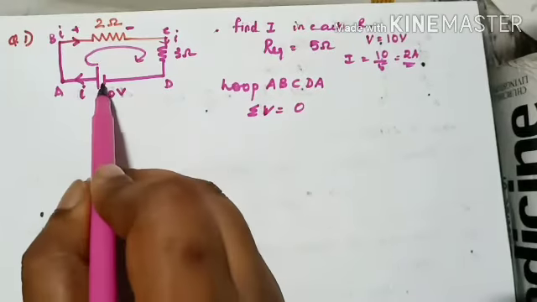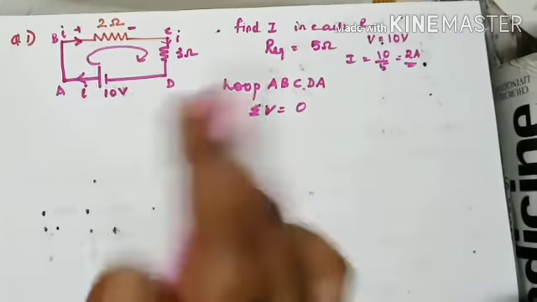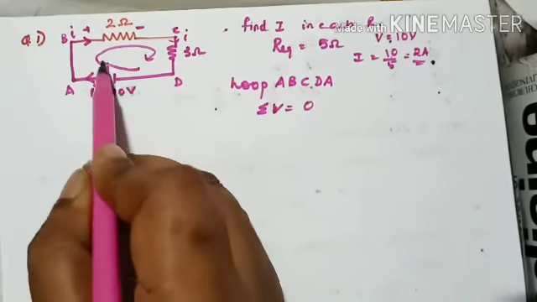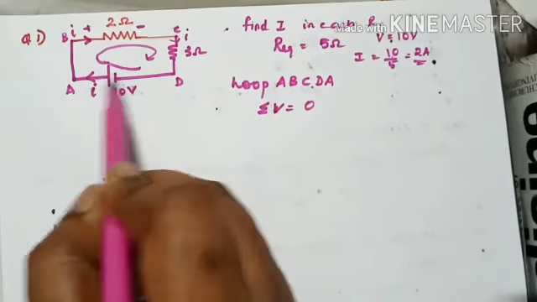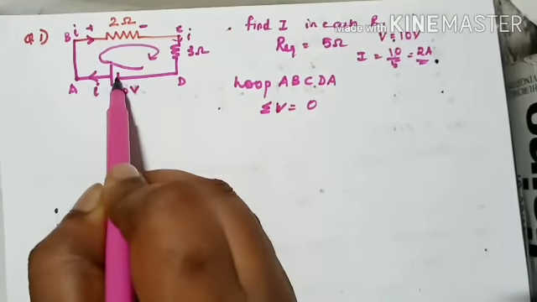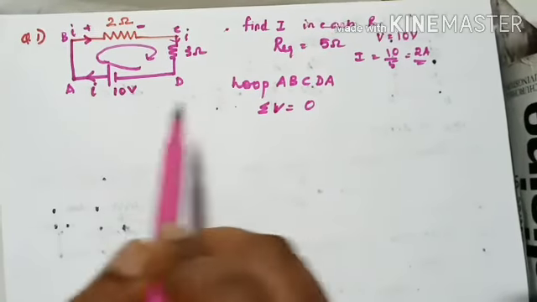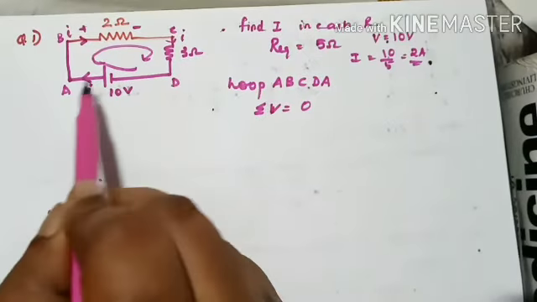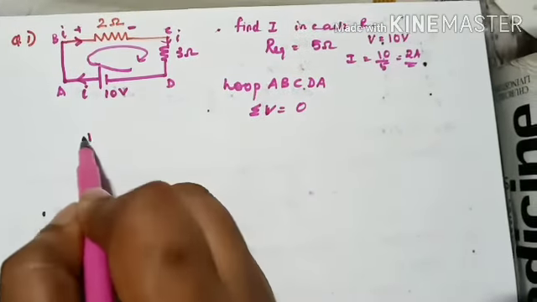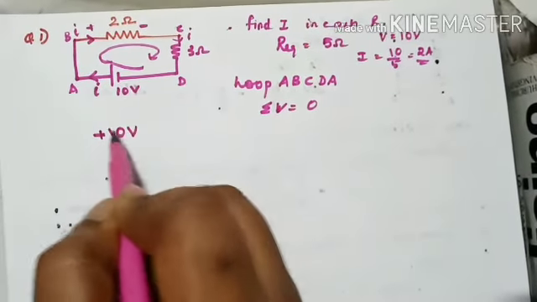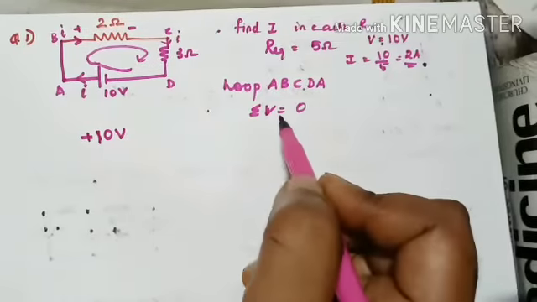I am going to consider the 10 volt supply first. I am moving in this direction, from negative to positive. Whenever you move in a cell from negative to positive, that means a potential gain, so I will write it as plus 10 volt. Clear?